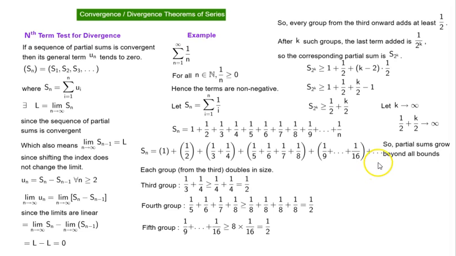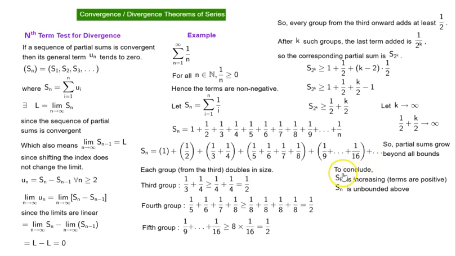So which means partial sums grow beyond all bounds, because S sub 2 to the power of k is greater than or equal to this, and this goes to infinity. That means this also goes to infinity. So that's how we can say partial sums grow beyond all bounds.